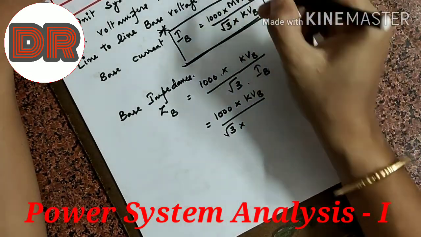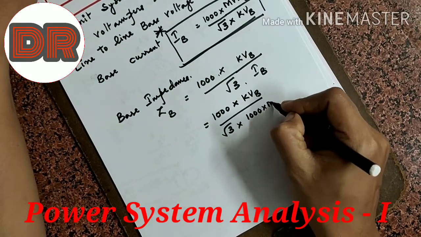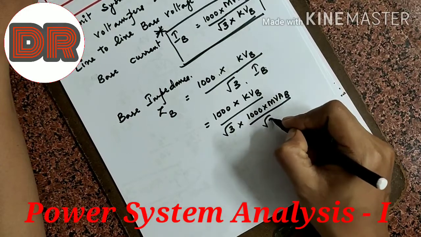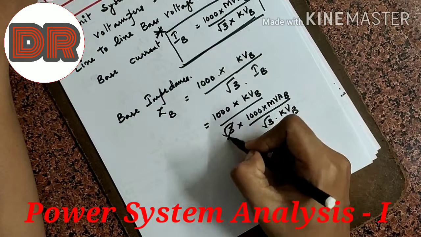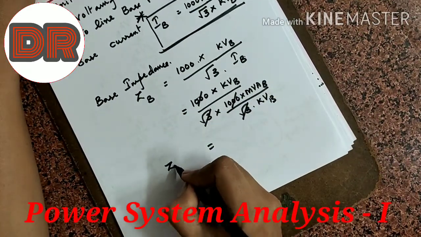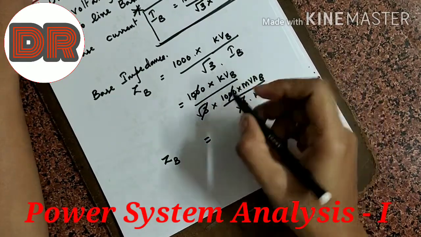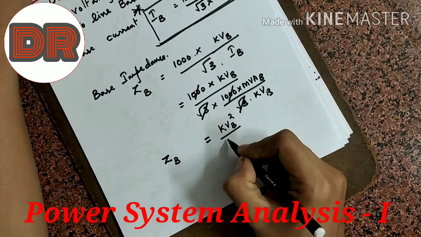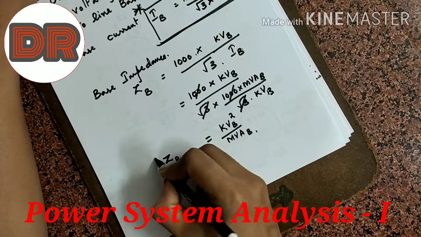IB we have already calculated, so let me substitute here 1000 into MVA base divided by root 3 into kV base. So this gets cancelled, this gets cancelled. So for a 3-phase circuit, the base impedance value ZB will be equal to kV base squared divided by MVA base. So this is the base impedance.